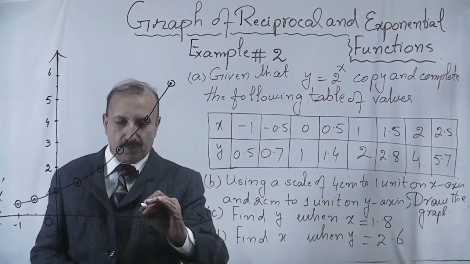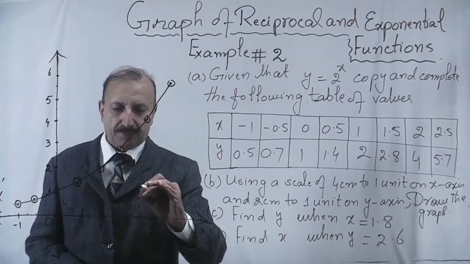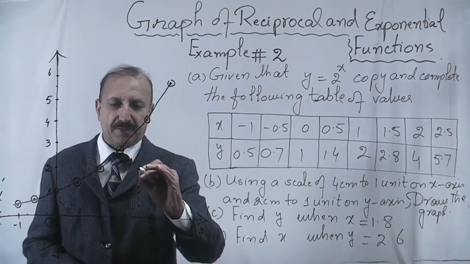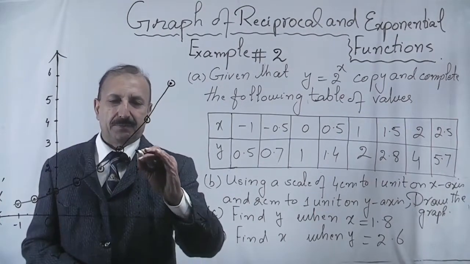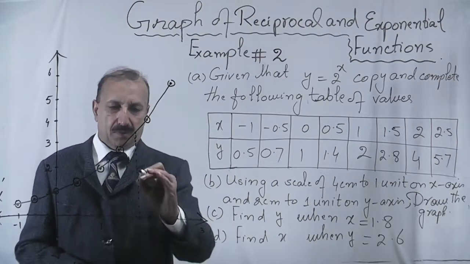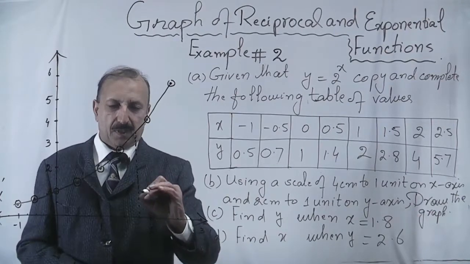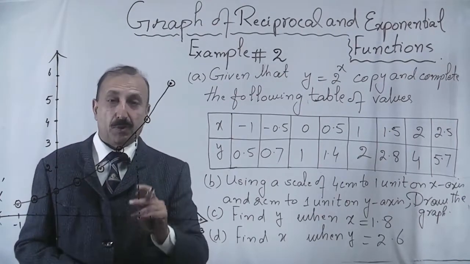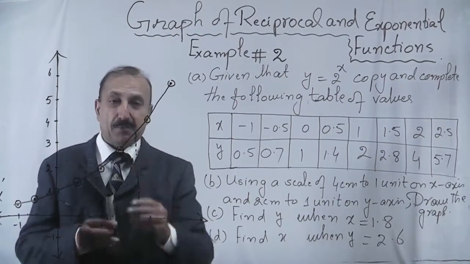You are moving with the help of your ruler, and when this line intersects this curve, you are supposed to draw this line with the help of a ruler.